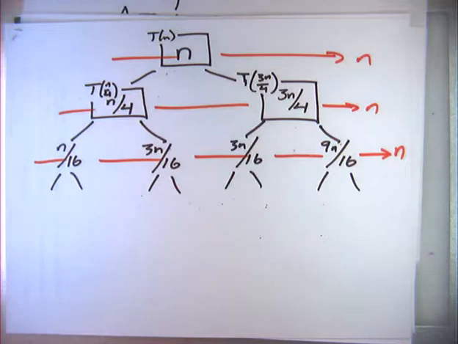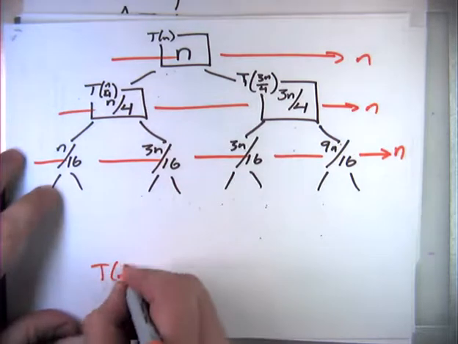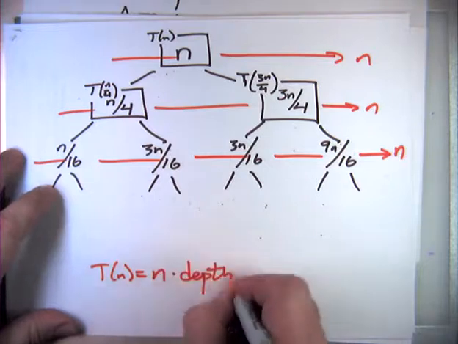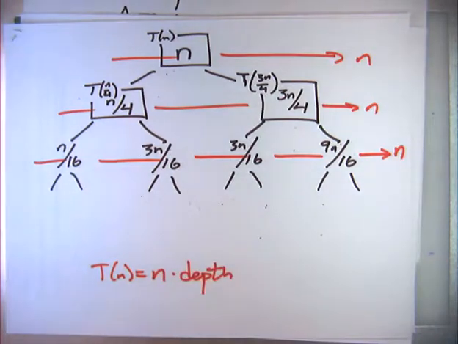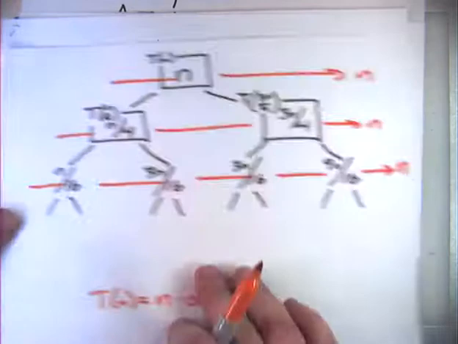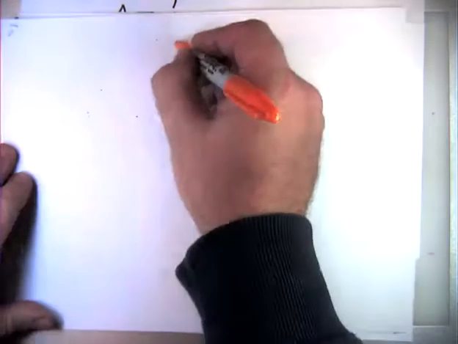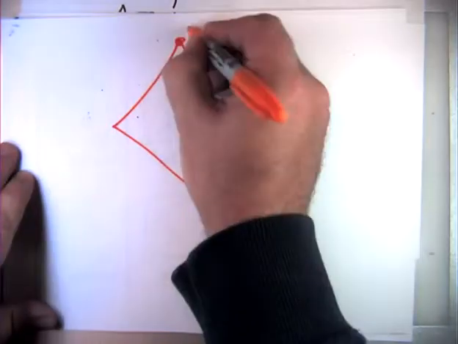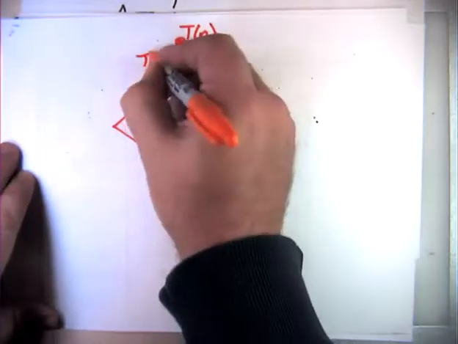So normally then I would say T of n is n times the depth of the tree, but that really only works if the tree is completely flat at the bottom, which is not the case here. Right? So if I draw a more intuitive picture of this tree, it's going to look something like this.